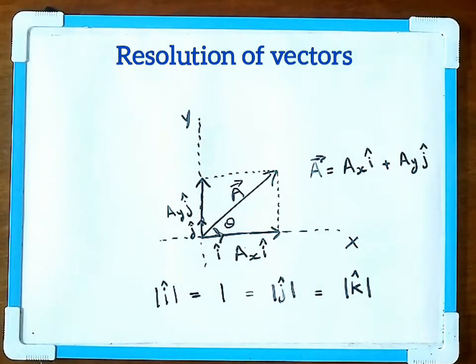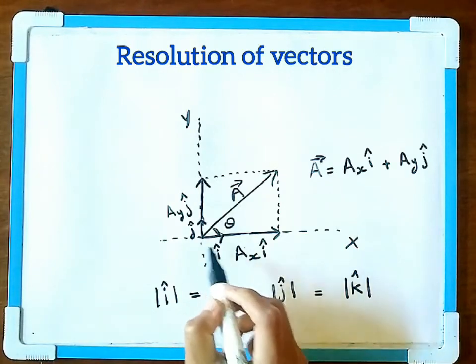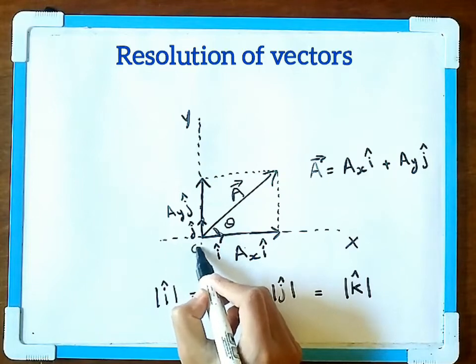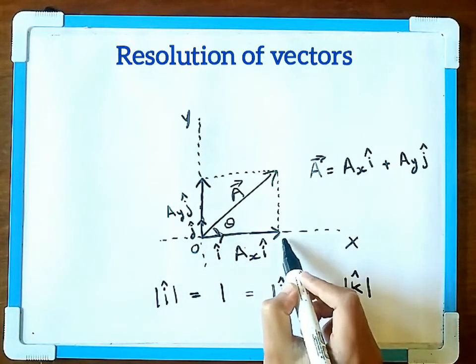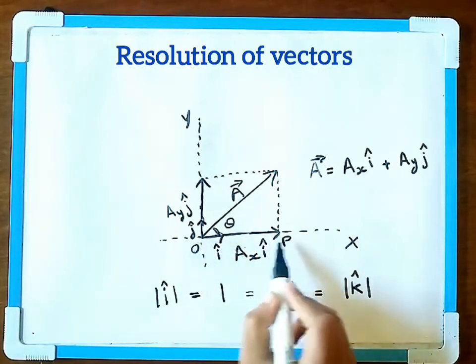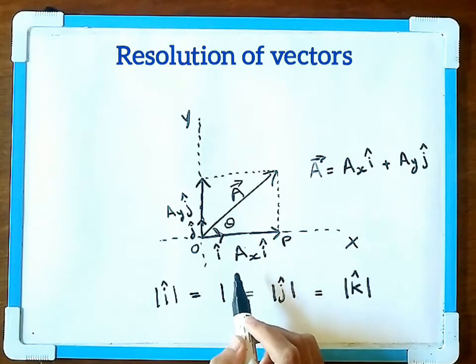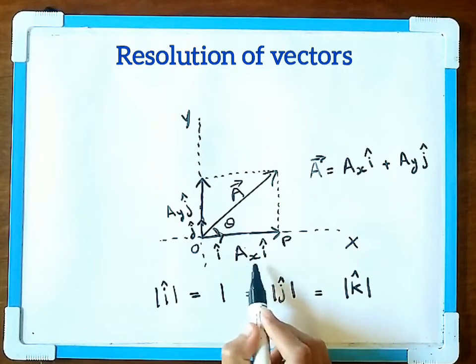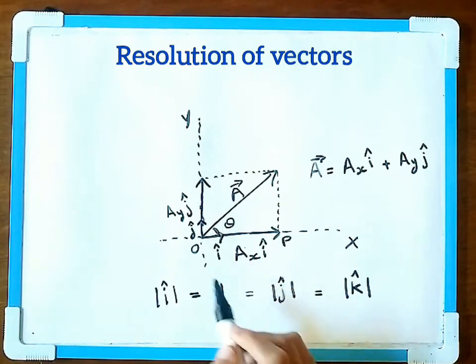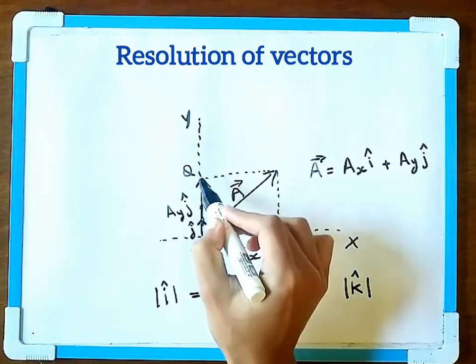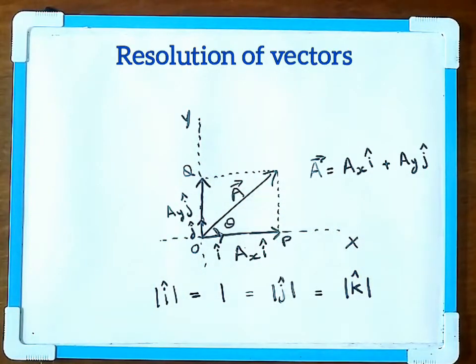So the magnitude of this ax vector is this distance from O to P. So O to P will give you the magnitude of the ax vector, which is this ax. And let us say O to Q, from here to here, is the magnitude of the vector ay, or this ay.